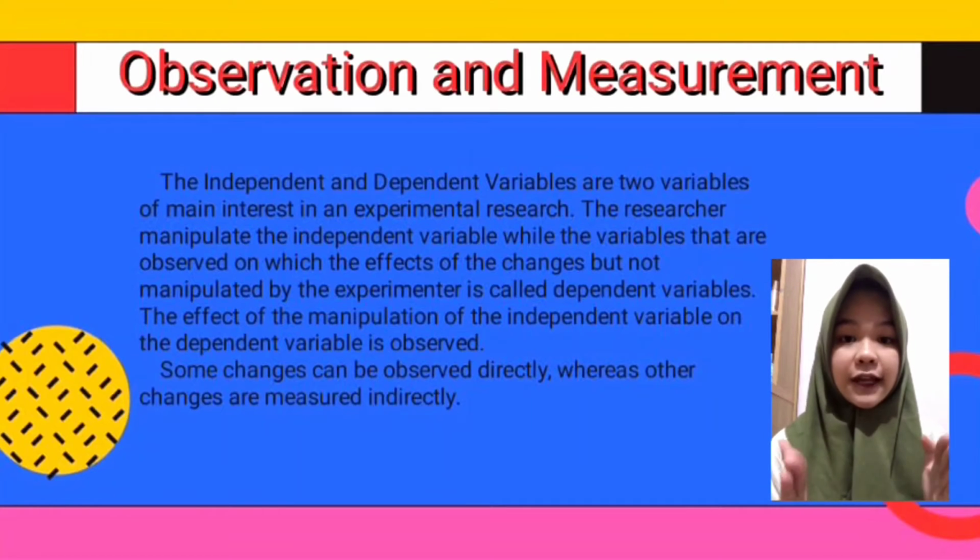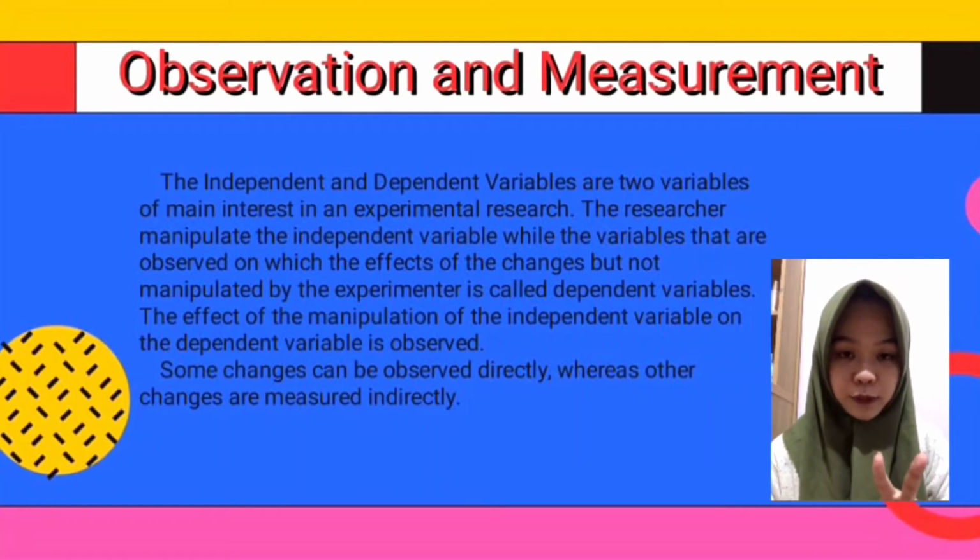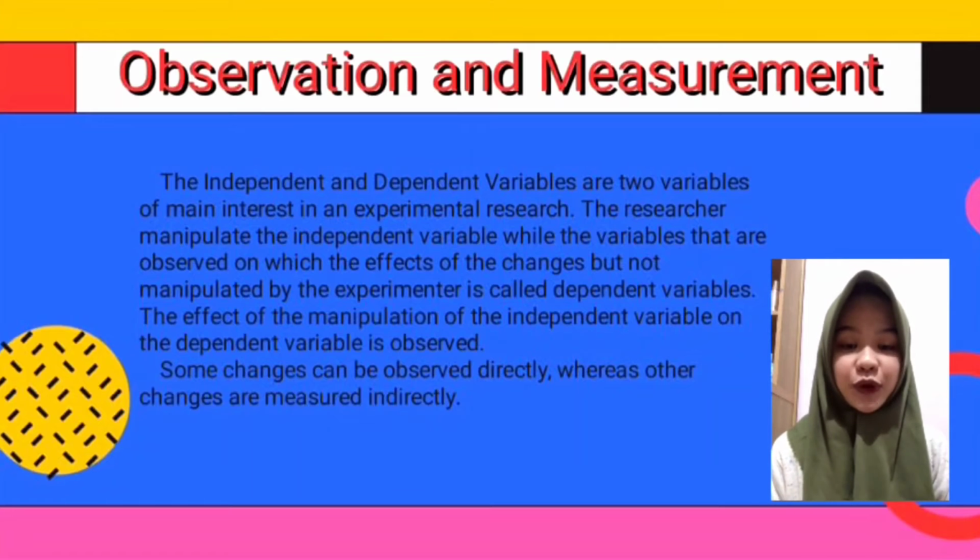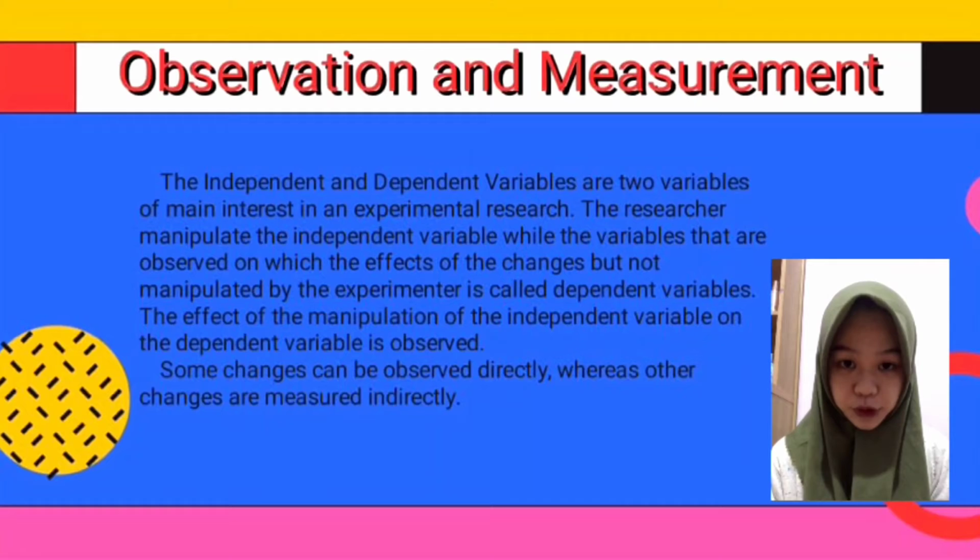The independent and dependent variables are the two variables of main interest in experimental research. The researcher manipulates the independent variable, while the variable that is observed, on which the effects of the changes appear but which is not manipulated by the experimenter, is called the dependent variable.